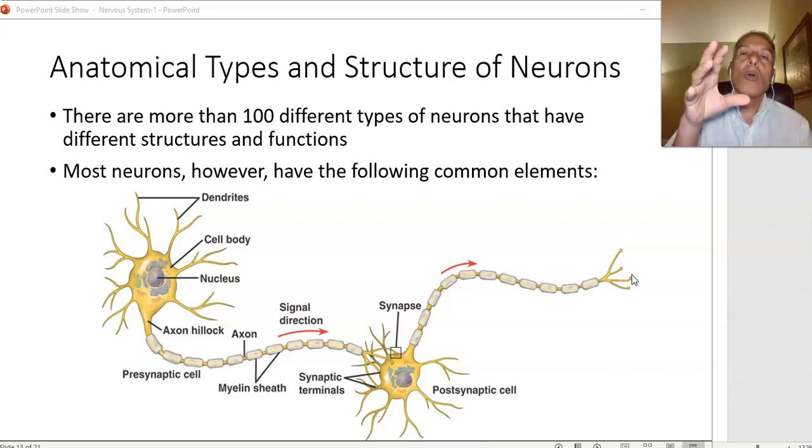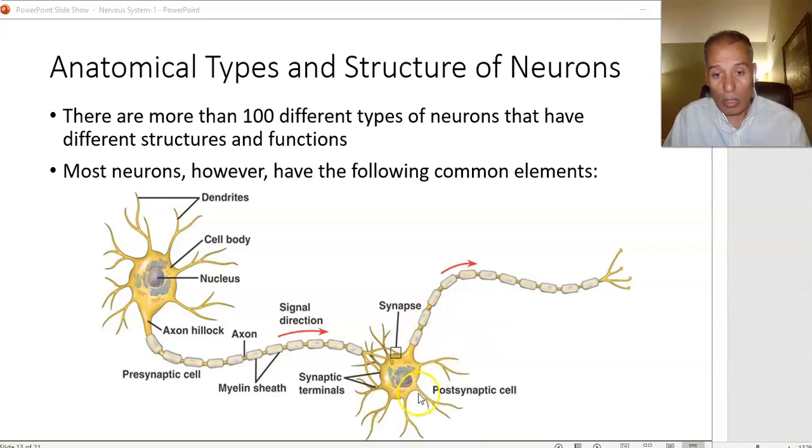Dendrites always receive signals. So the dendrites of this neuron are receiving signals. The signals will travel along it to the cell body, to the axon hillock, to the axon, and to the synaptic terminals. And from there, this same neuron will be sending the signal to another neuron. So this neuron is both receiving and sending.